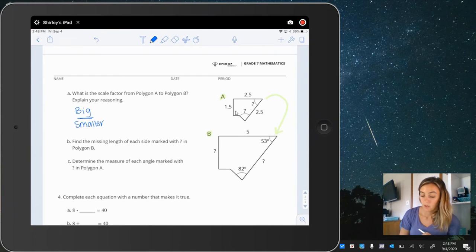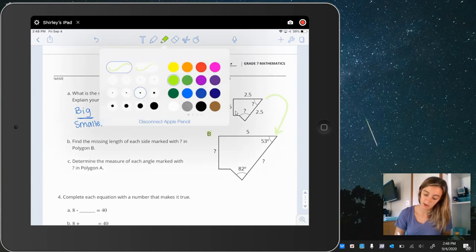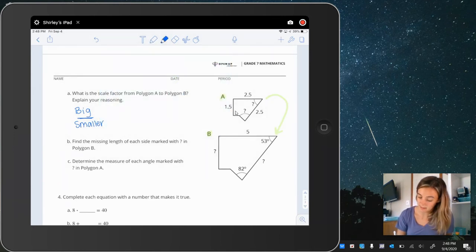First, let's figure out our pair of corresponding sides. Here I can see that this line segment corresponds to this one. I also know that my length of 1.5 corresponds with this, but I don't know what that length is.